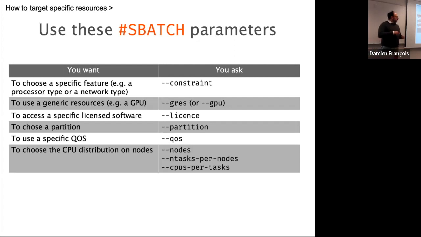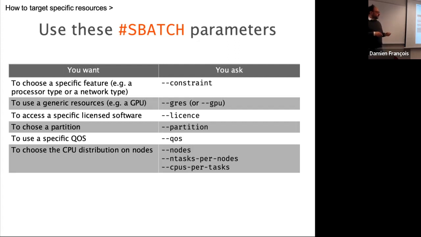Some clusters also have some licenses defined, so you can sometimes have software that runs only through a token that must be acquired from a license server. And this is organized by the --license option. We don't have clusters that run like this on the CÉCI.